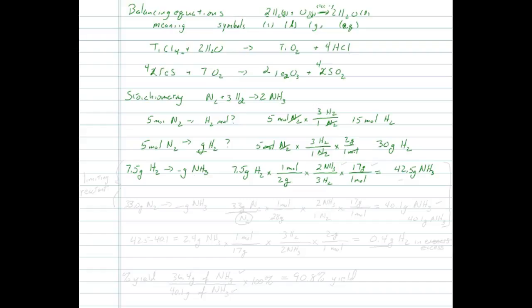You might also be given a limiting reactant problem where you have 7.5 grams of hydrogen and 35.0 grams of nitrogen. So this would be a limiting reactant problem.